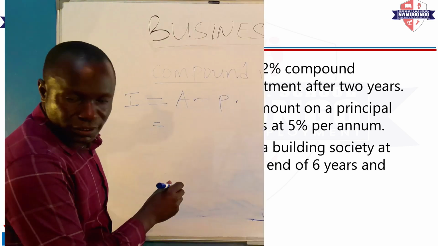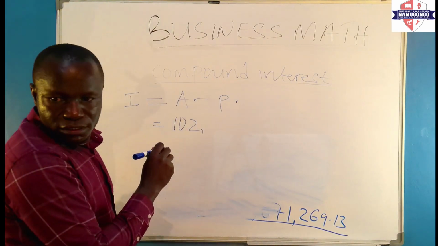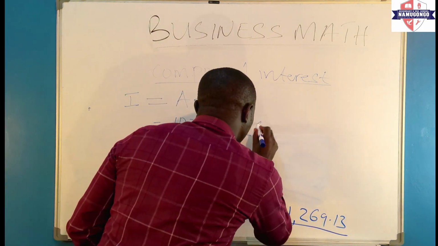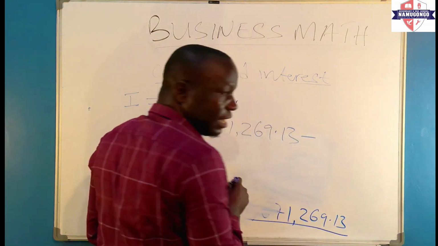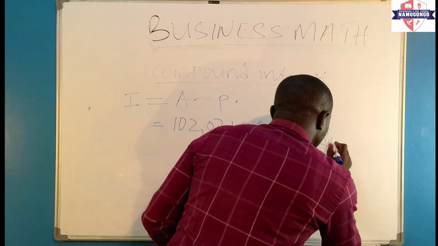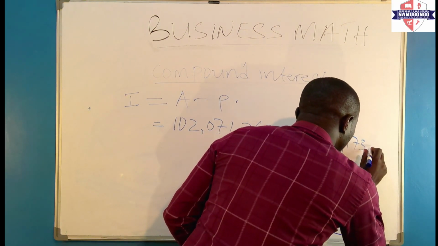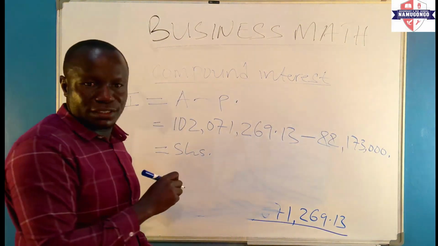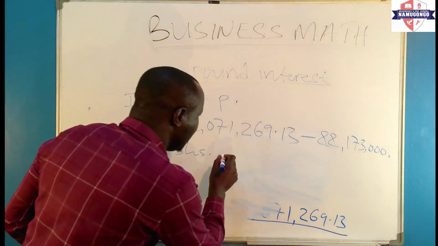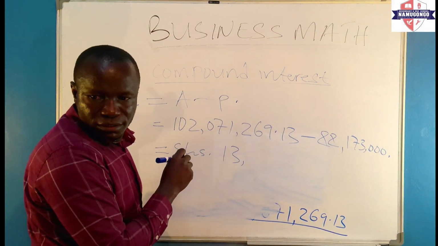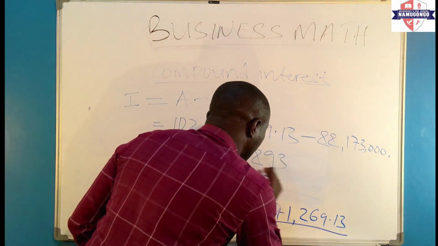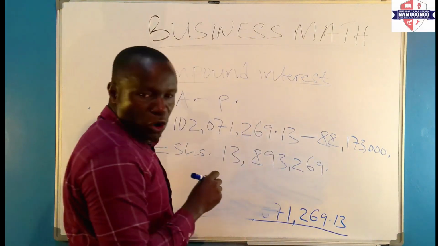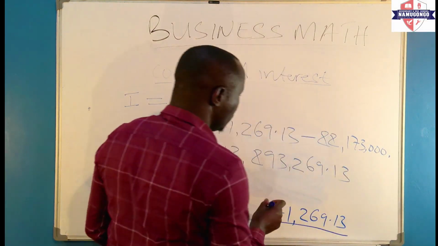So our amount is 102,071,269.13 minus the principal, and the principal is 88,173,000. So when you subtract, we shall have our interest as 13,893,269.13. So this is going to be the interest.